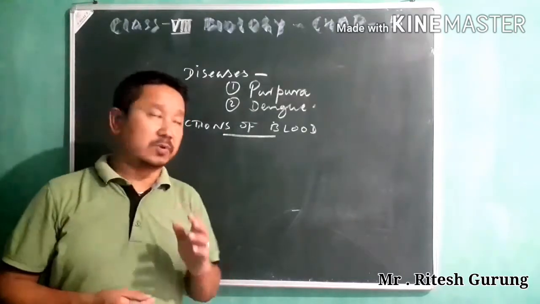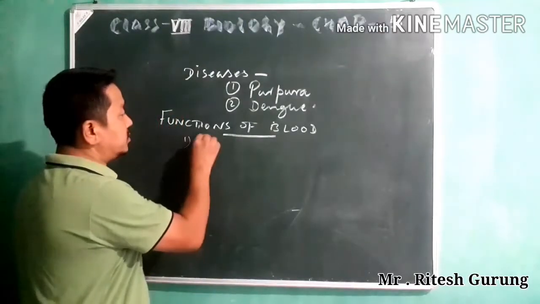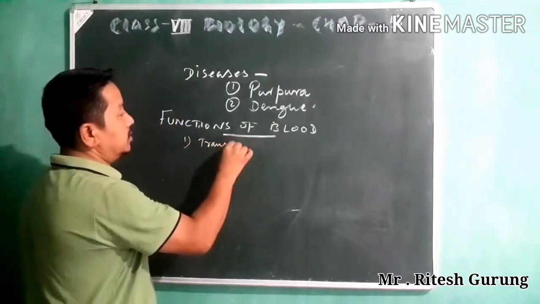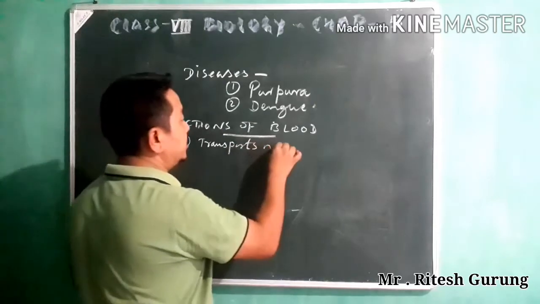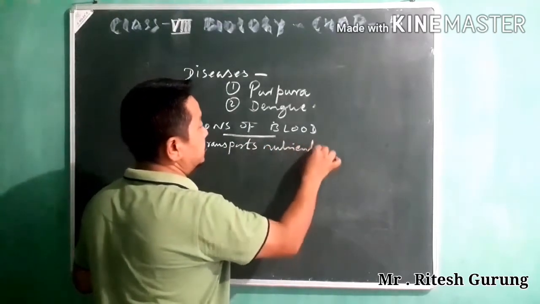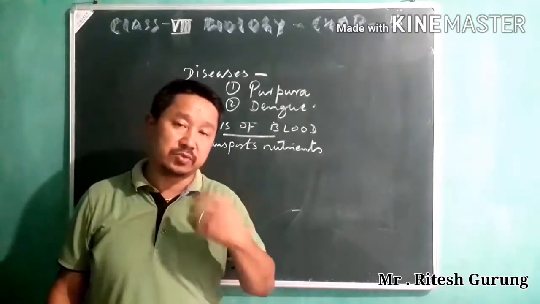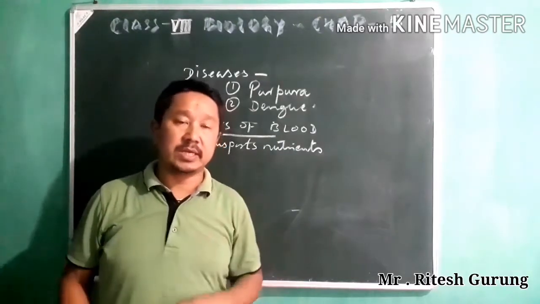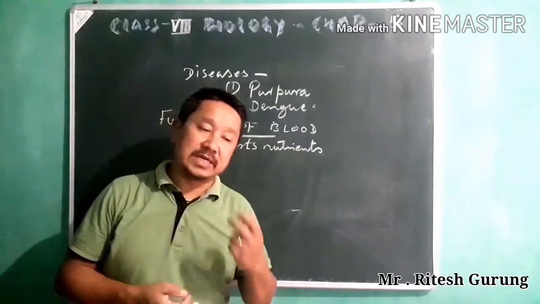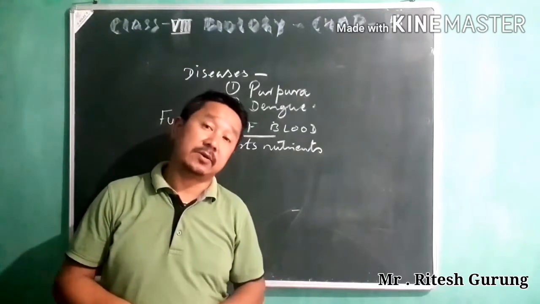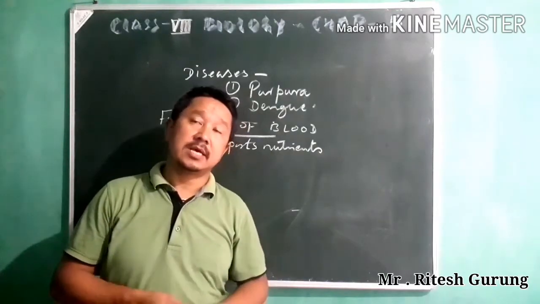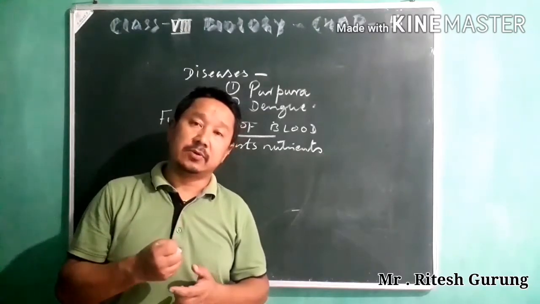All right, so number one, it transports nutrients. Nutrients means something which we eat. Whatever we eat gets completely digested in the small intestine, and after the digestion, it is absorbed.